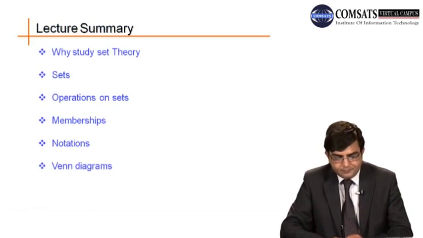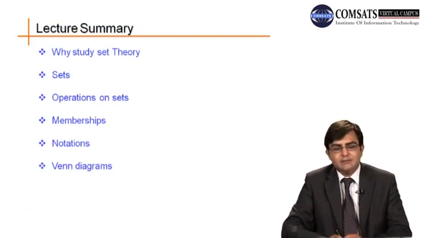Today we have started the basic set theory, and we have studied the definition of sets. We have studied also the basic operations, which are intersection, union, complement, subtraction, the usual basic operations on sets.